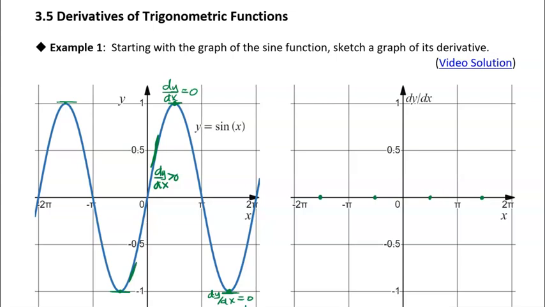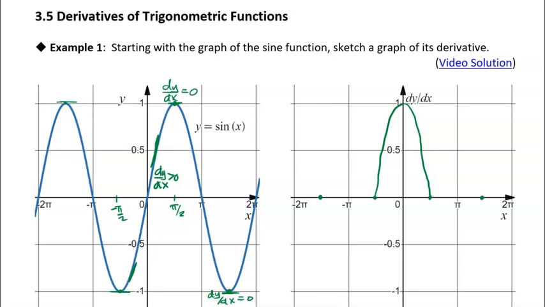So between minus pi over 2 and pi over 2, the slope is positive, right? So the graph of the derivative has to be positive. All right, so I've sketched that positive portion of the derivative there.